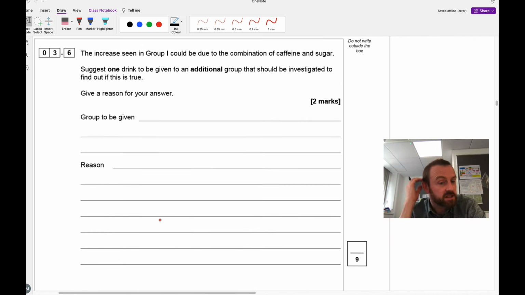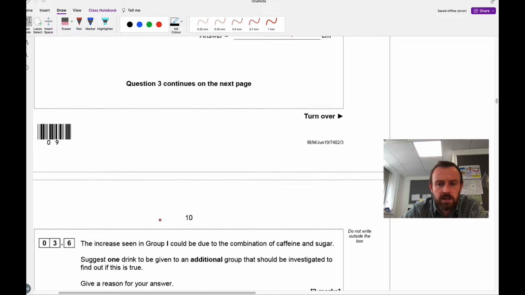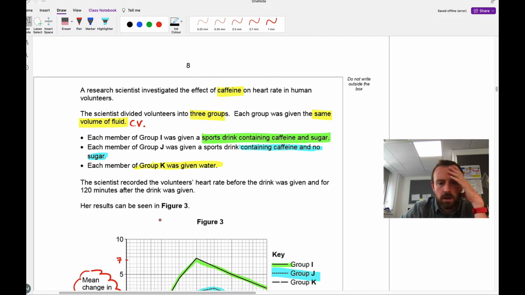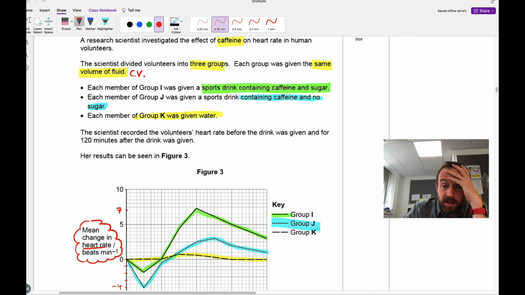The increase seen in group I could be due to the combination of caffeine and sugar. Suggest one drink to be given to an additional group that should be investigated to find out if this is true. Just caffeine, I think. Yeah. So let's look at the top here. We've got caffeine. Oh no, just sugar. We need just sugar.